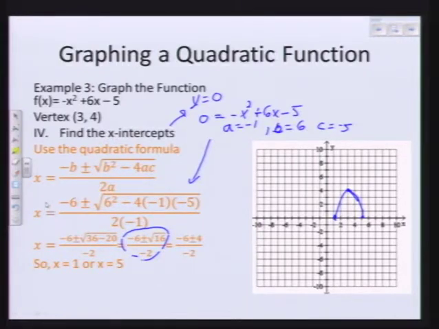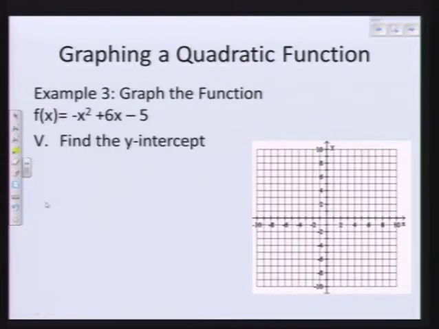And so now what we like to do is say, well, what happens after that? The next step is, we like to figure out what's going on below the x-axis. And so to do that, we're going to take a look at finding the y-intercept. So for our y-intercept here, we're going to let x equal 0. And so when x is equal to 0, we plug that 0 into the function, and we get y equal to -5.